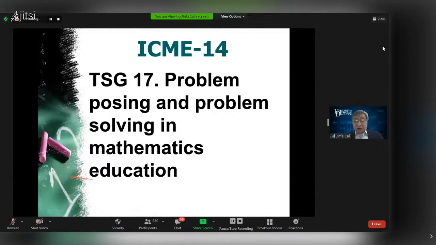Based on my knowledge, this is the first ICME conference explicitly mentioning problem posing in a topic study group. Before that, there was no topic study group or discussion group mentioning problem posing, even though some researchers did present problem posing papers.